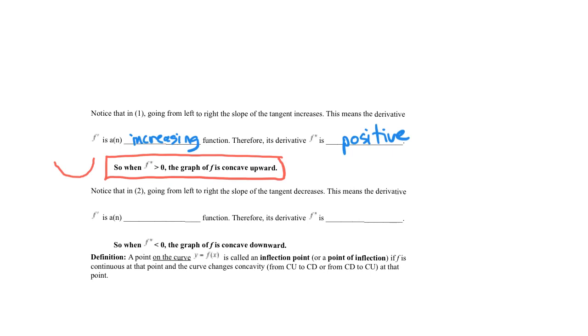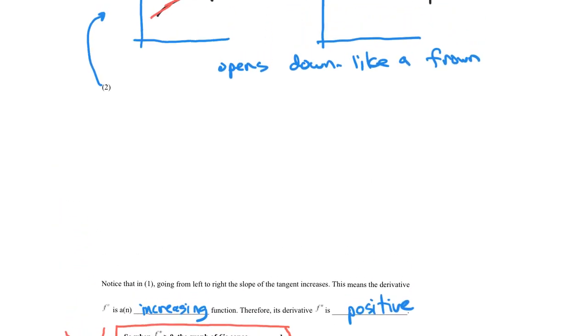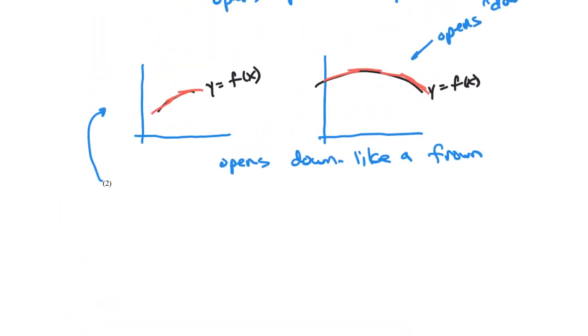Now, on the other hand, in graph 2, going from left to right, the slope of the tangent decreases. It's positive, then it's getting flatter, getting closer to 0. Same thing here, it's positive, getting flatter, now it's turning negative, so the slope is decreasing there.